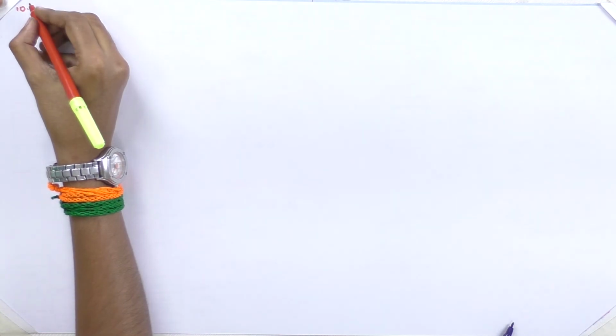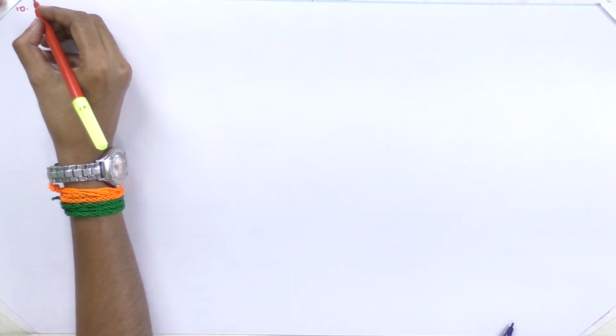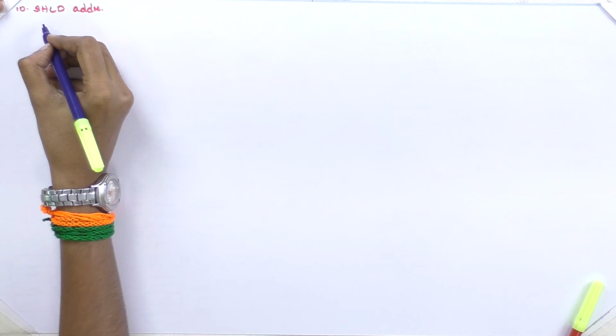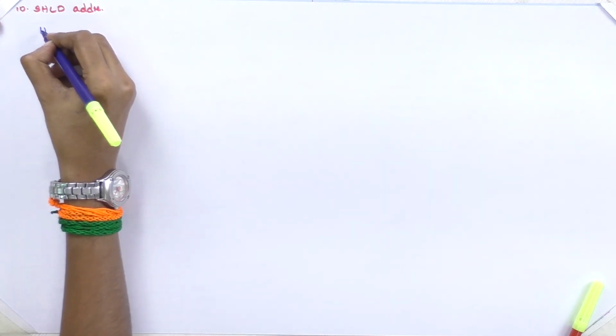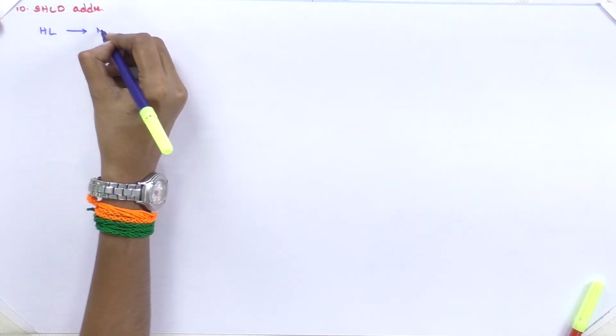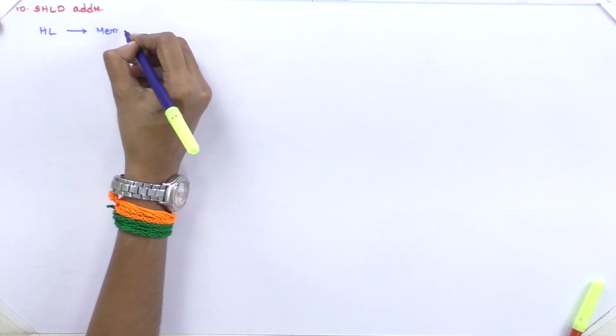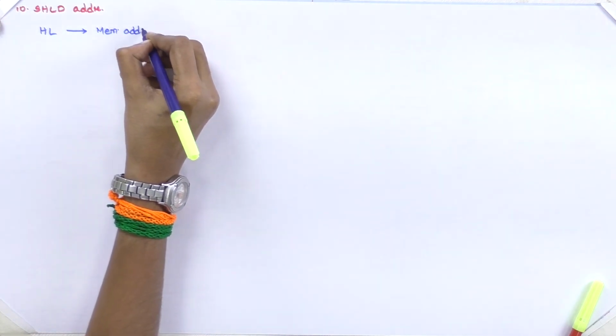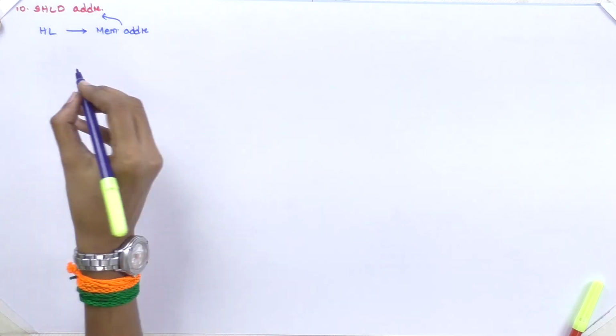The next instruction that we are going to see is SHLD. What will happen here is that the value in the HL register pair will get stored in a memory location, which will be mentioned in the instruction.